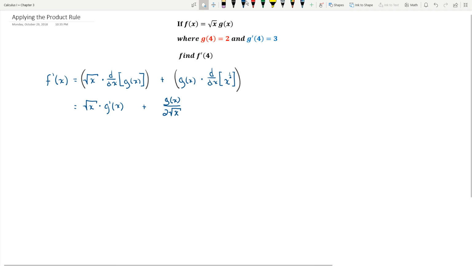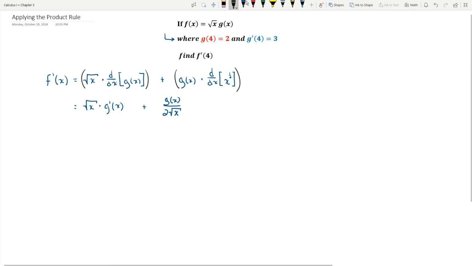So from this point, we really don't need to do a whole lot more with it. I would say that at this point, we could just go ahead and start solving this second portion. It says that where g of 4 equals 2, so in other words, we're going to input 4 into the regular function.